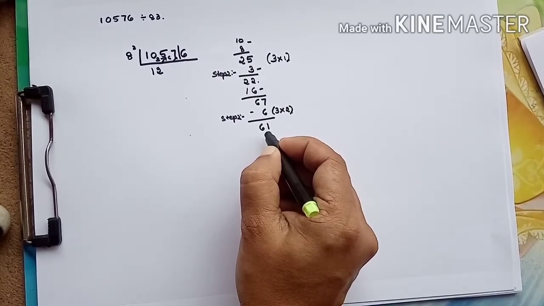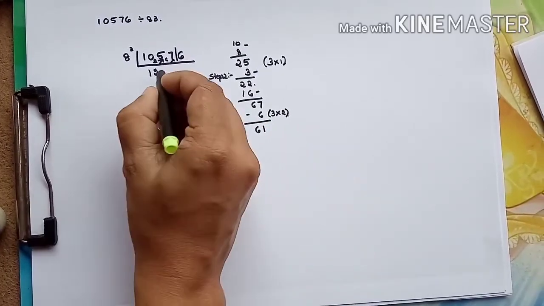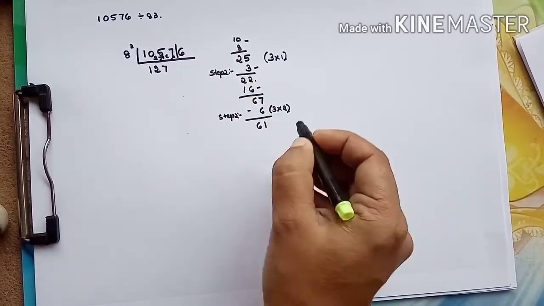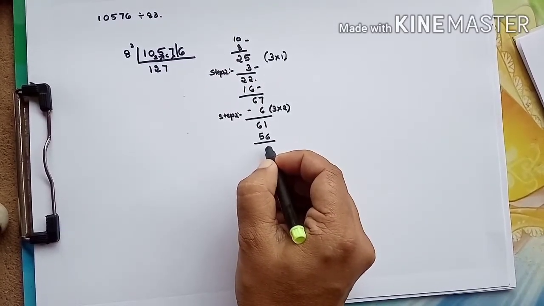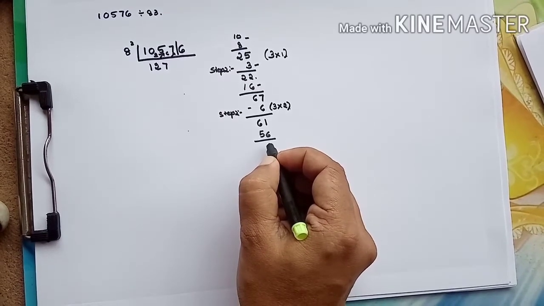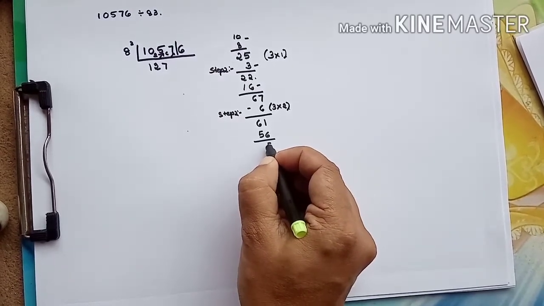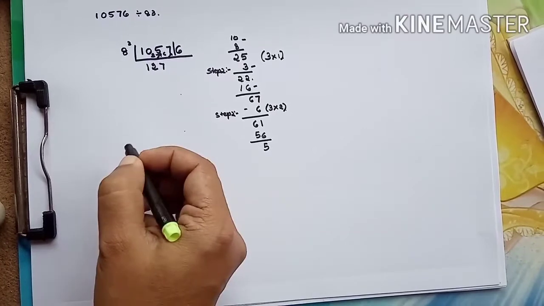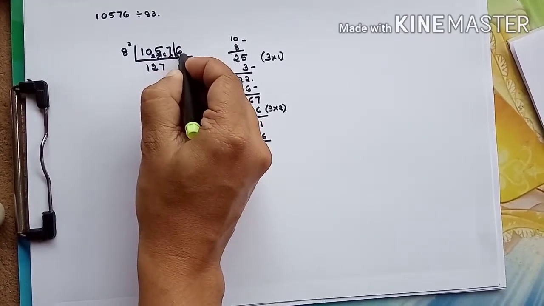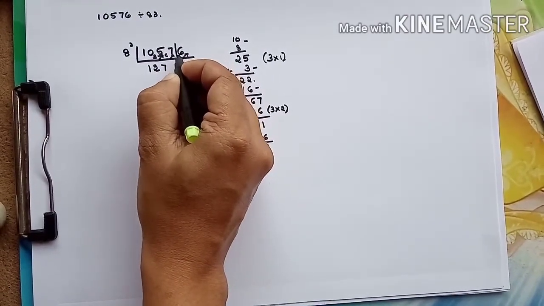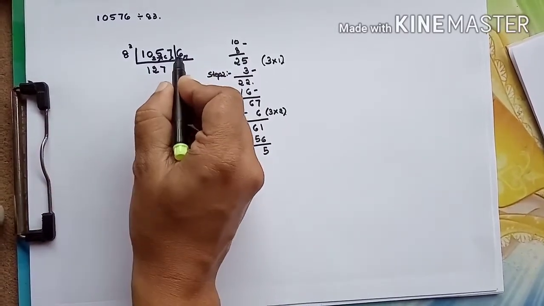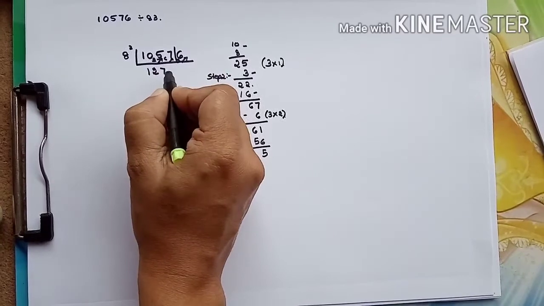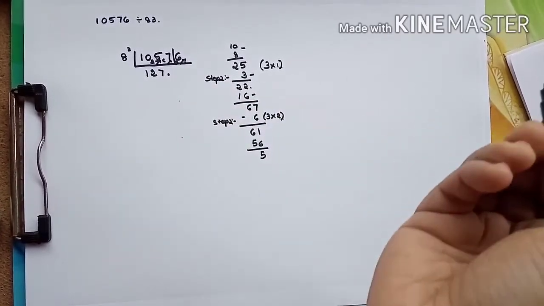So 7 8s are 56, correct? So 7 is the quotient over there. 56, subtract it from 61, you will get how much? 5. So 5 is the carry on again. Since you crossed the slash, don't forget to add a decimal point over there. 127 point you get.